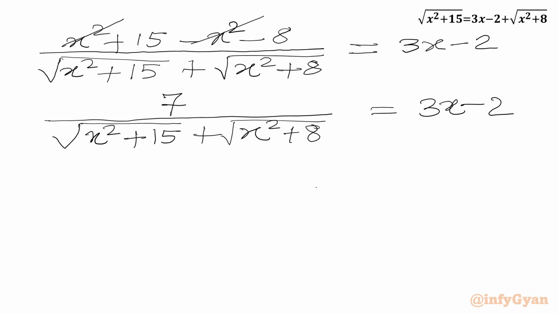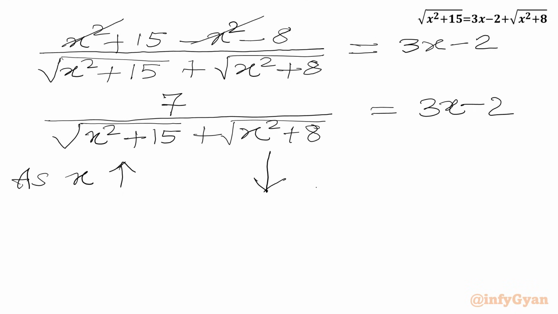Now as x increases, the denominator of the LHS will be an increasing function. So 7 over square root of x square plus 15 plus square root of x square plus 8 would be decreasing.